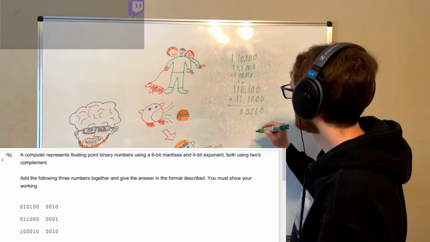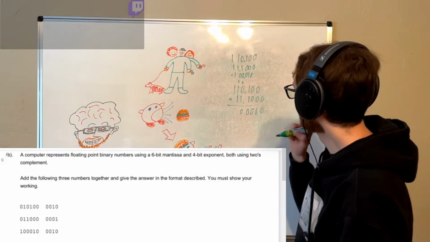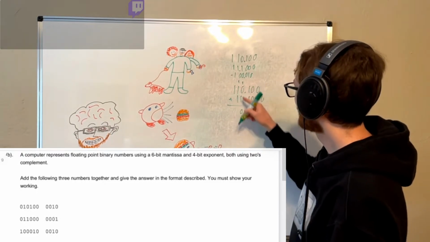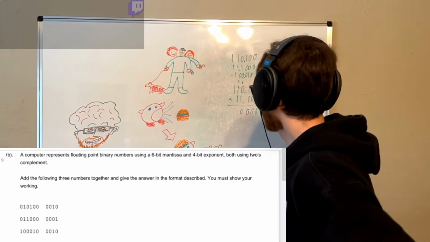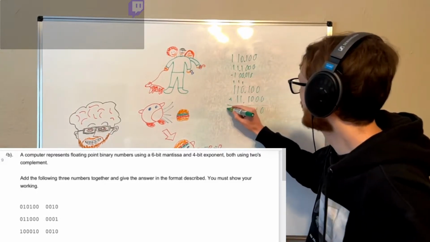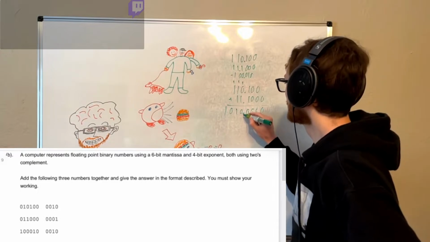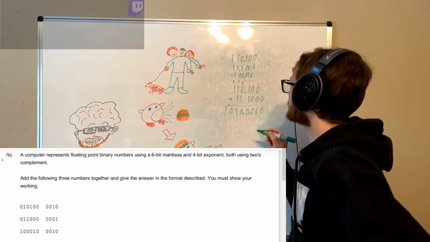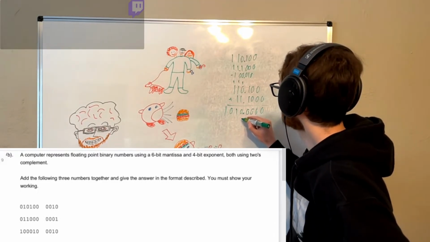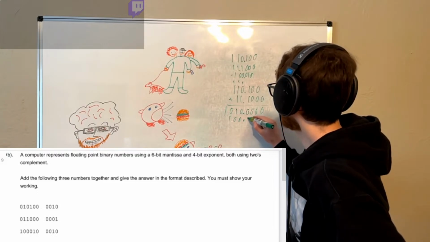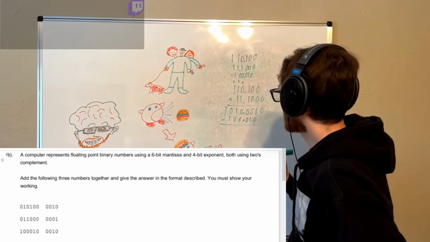Wait. What? When you have 1 plus 1 with a 1 being carried, oh, it's 1 and you carry another 1. Zero, zero, 1, 0, 1, 0. How does subtraction work?